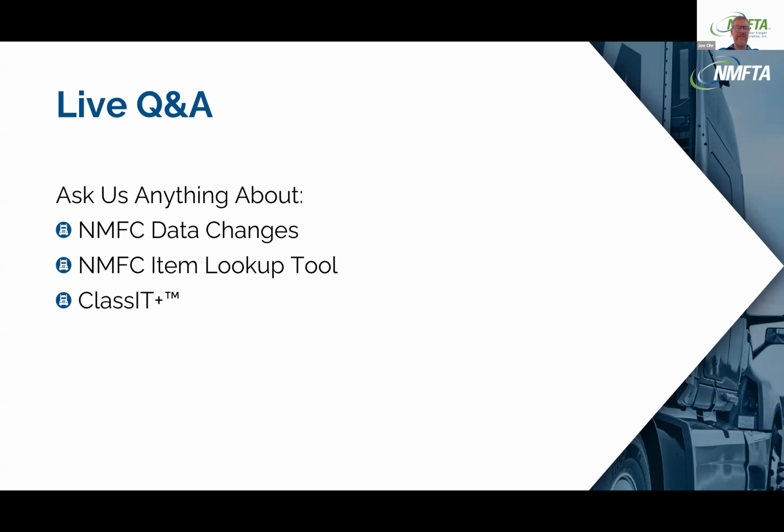For those of you who aren't aware, you can go to getclassification.com and type in as many item numbers as you'd like that you will utilize, and you can export those. You can also upload a complete list, and it'll tell you which items are changing and what's being replaced. And that's really the tool.